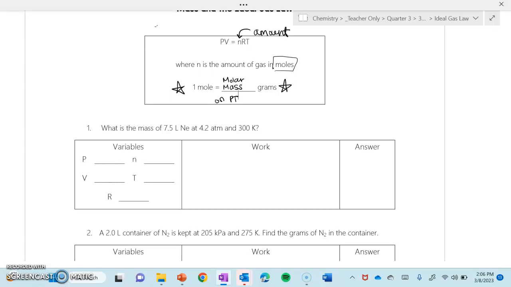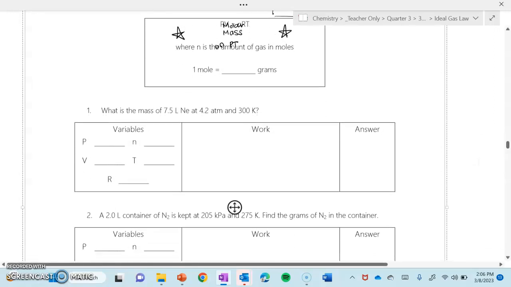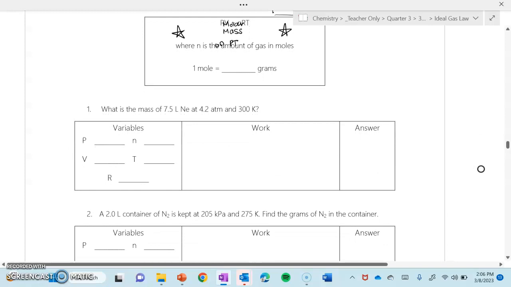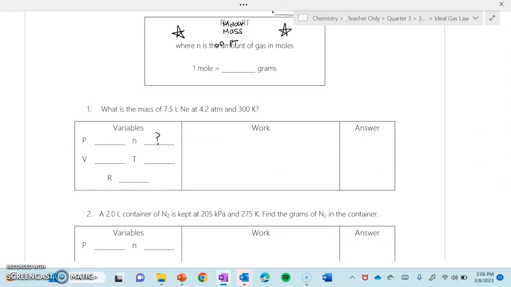So let's go ahead and do a couple of examples here using that review concept of molar mass as our conversion factor. So this one says, what is the mass? So we're finding mass, and keep in mind that mass is going to be representing N as well, but it has to be in moles, or it will be in moles per se, when we solve. So we want to know how many grams.